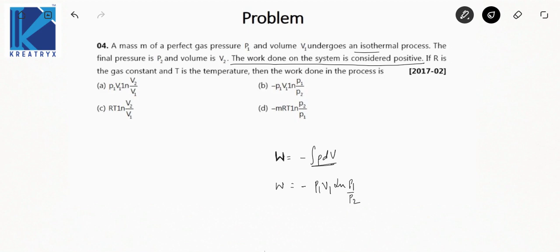So I guess option B is the answer. So this was the key line, nothing else. Let's move on to the next question. Pretty simple questions these are, just formula based questions, and all you have to do is identify the keywords, the key lines.